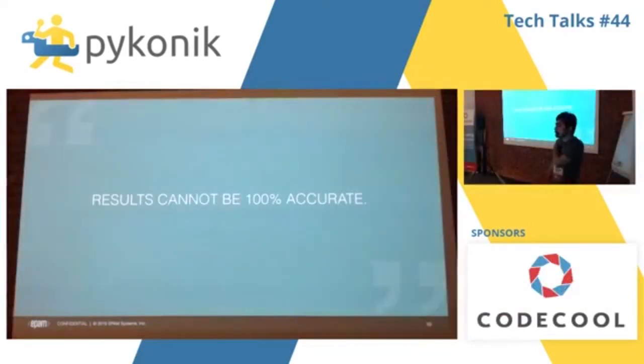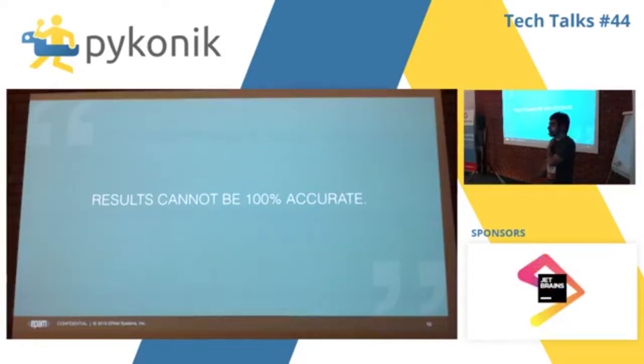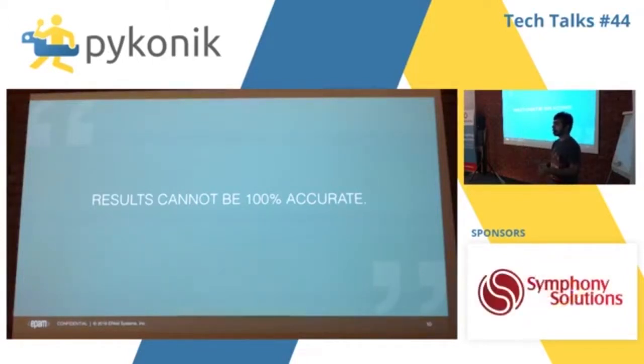So in machine learning, the results cannot be 100% accurate. This is very important. In the traditional way of programming, we always have some exact result. If we have an input and some set of rules, the result will eventually be the same for the same input. But in machine learning, it's different.